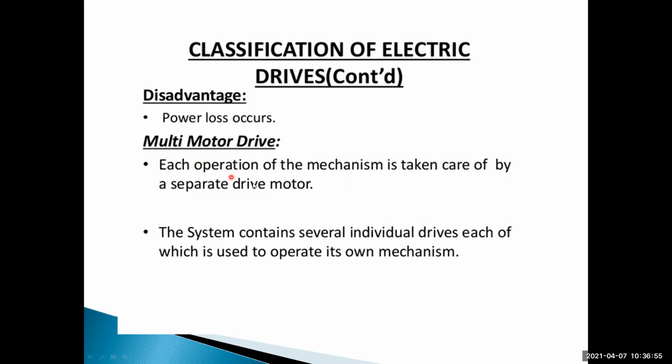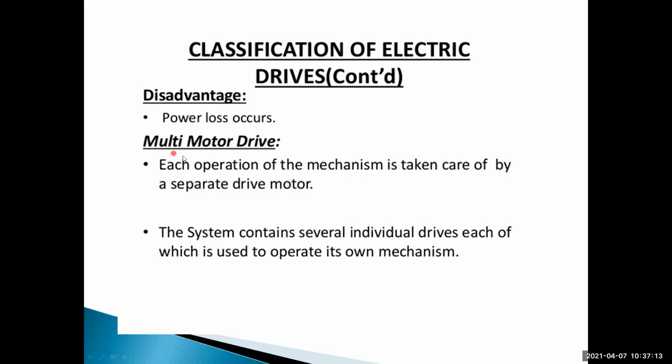So a number of motors are used here. For each operation of the mechanism, a separate drive motor takes care. Different types of mechanisms are there, and for the different mechanisms separate drives are used. For each mechanism, a separate drive motor can be used.